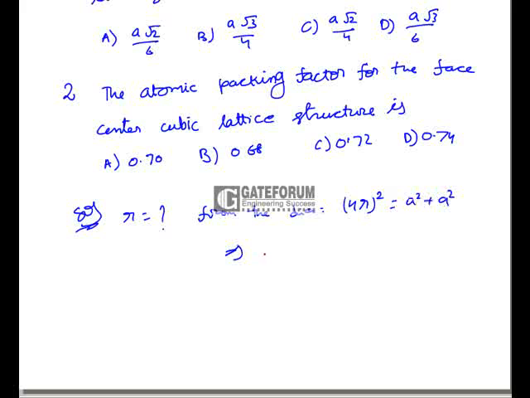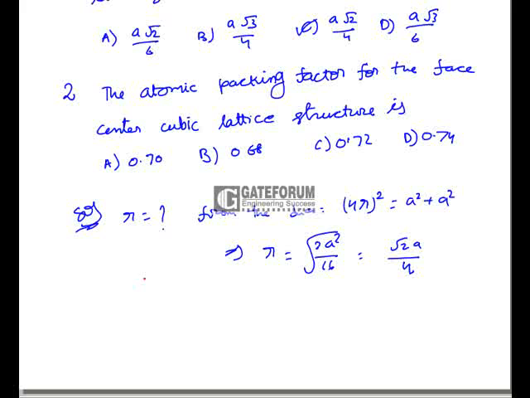So from this, r is equal to the root of 2a square by 16, which is equal to root 2 a by 4. So in the options the right answer is C, C for the first question.